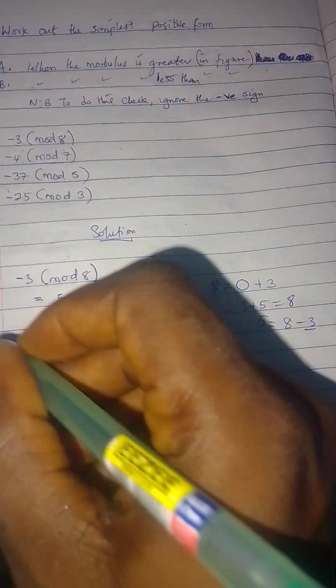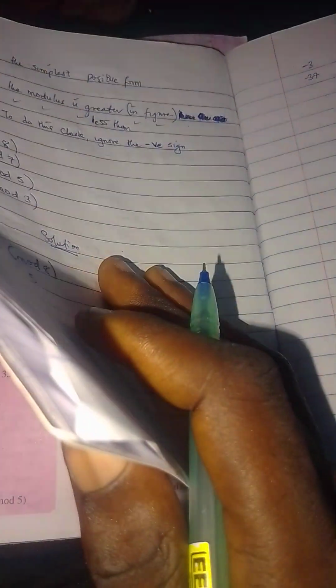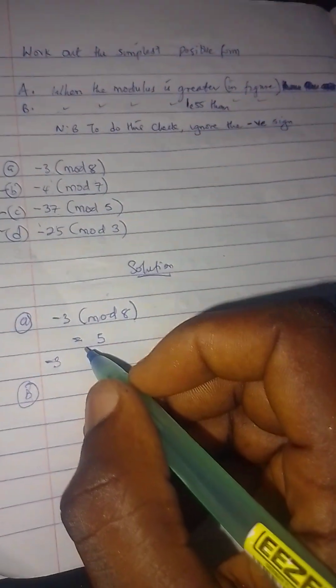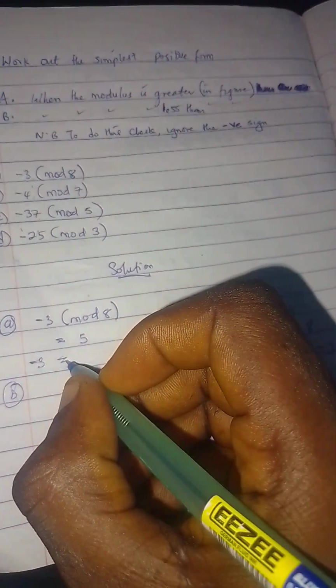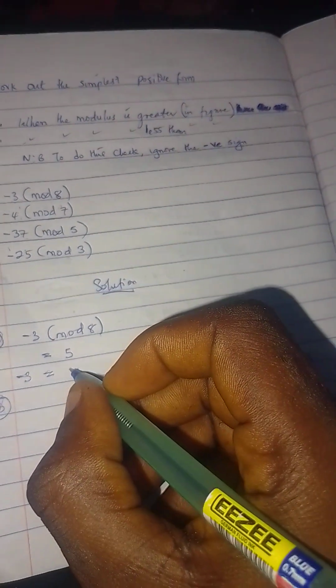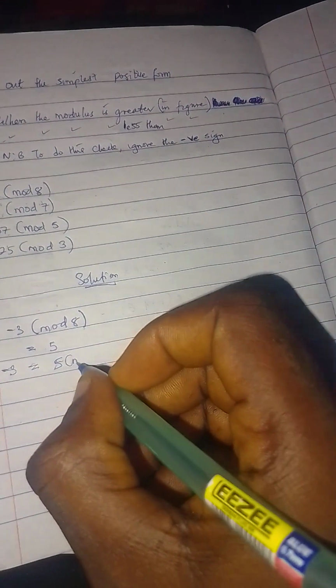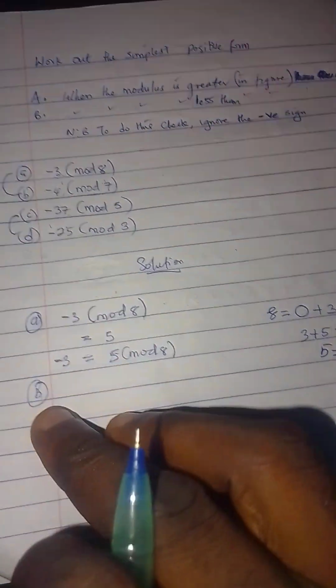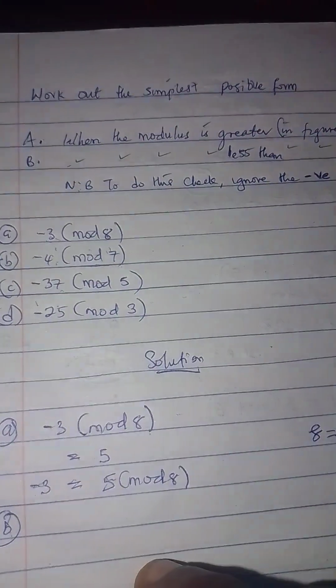Similarly, it's going to give us 5 in modulus 8. So that means, let me put the answer the proper way. That means minus 3 is equal to 5 in modulus 8. But I just want to go straight to the second one. Remember, it's the same thing.